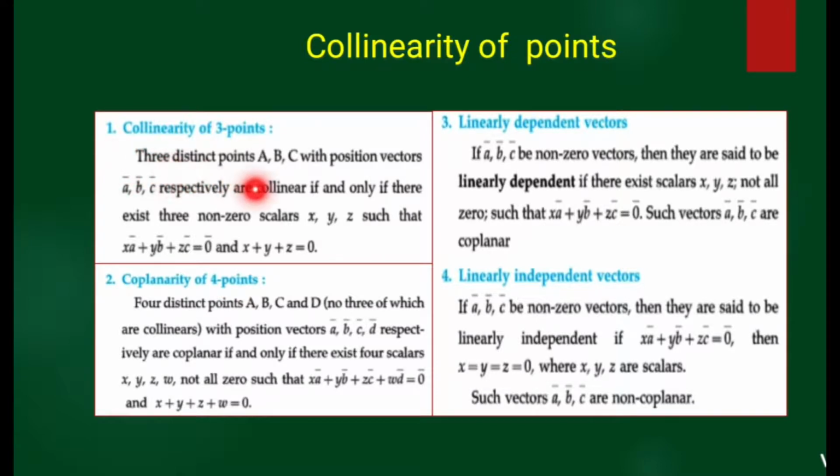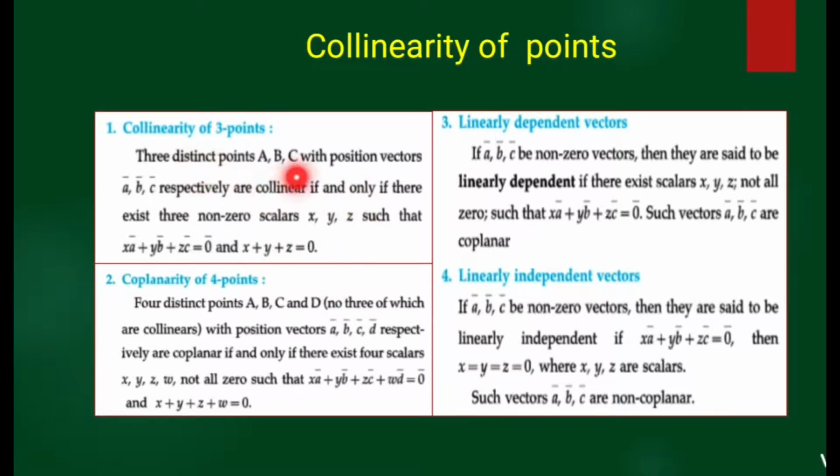Three distinct points A, B, C with position vectors a bar, b bar, c bar respectively are collinear if and only if there exist three non-zero scalars x, y, z such that x a bar plus y b bar plus z c bar equals 0 vector and the scalar sum equals 0.